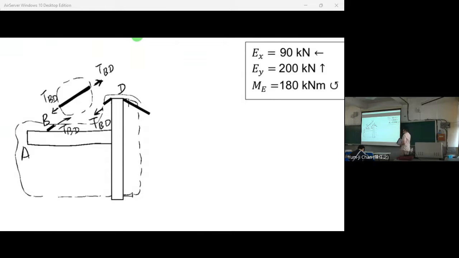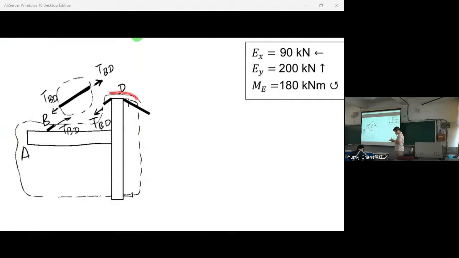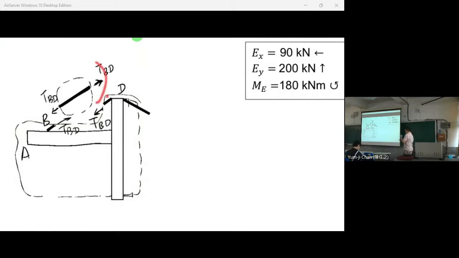Let's go to the last point. I've mentioned that in the question we take the rigid body as this. And how about if we take the rigid body as here? We take the cable PD away from the rigid body and we only consider this part.